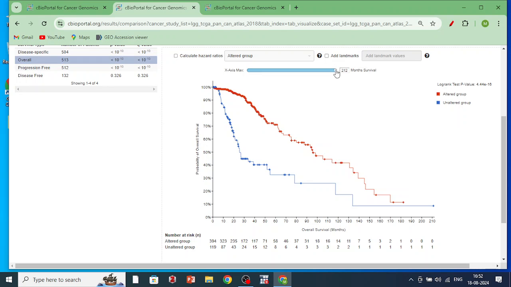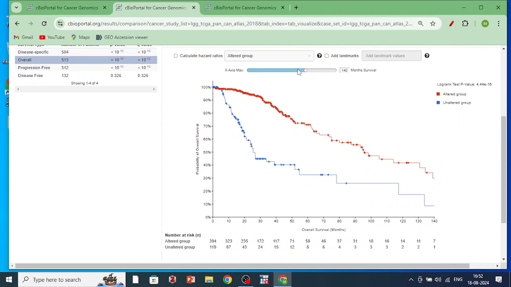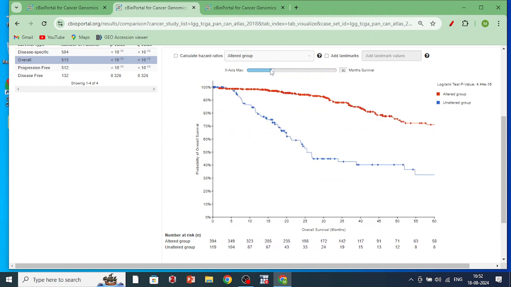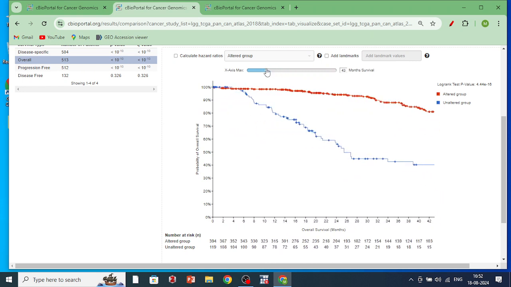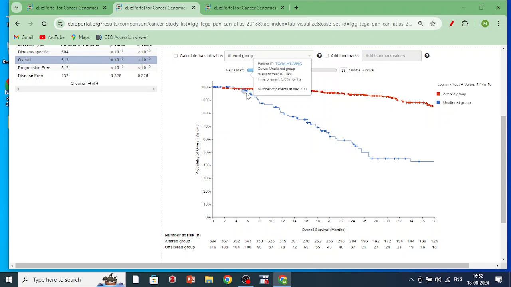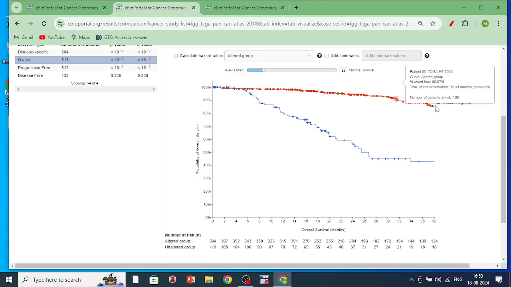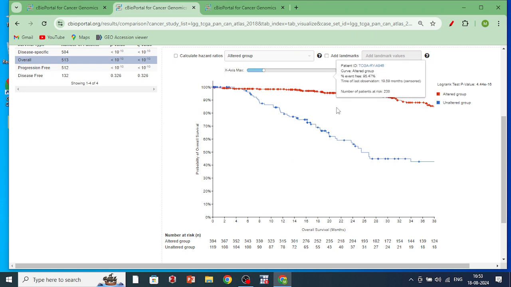So let's just zoom in to an initial part of the analysis. You see there are different steps going down gradually, and even in this one you can't see much because there are fewer steps. So now you see there are two groups, one is altered, one is unaltered.